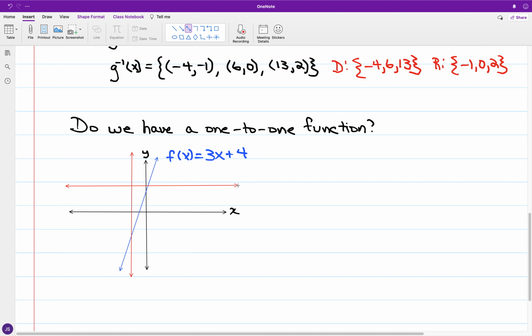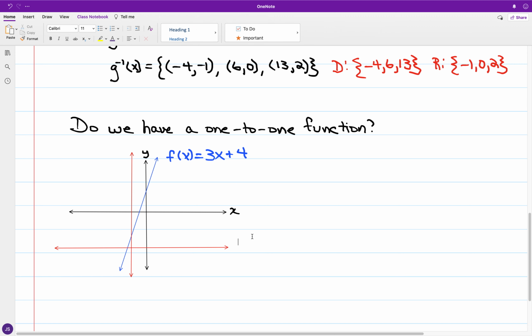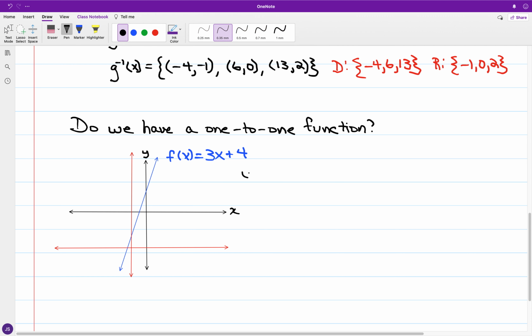And to be one-to-one, it must also satisfy the horizontal line test. So you have no more than 1 point of intersection. And so for what we have in this particular case, the answer to that question is yes. F of x or y is equal to 3x plus 4, that is going to be a one-to-one function.